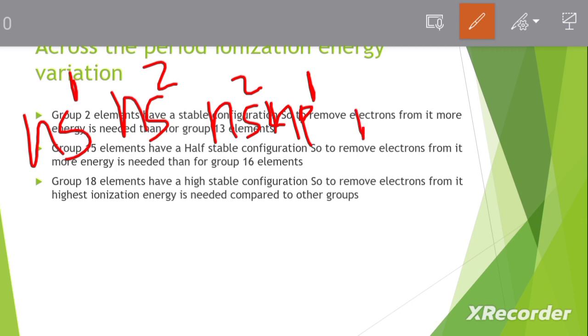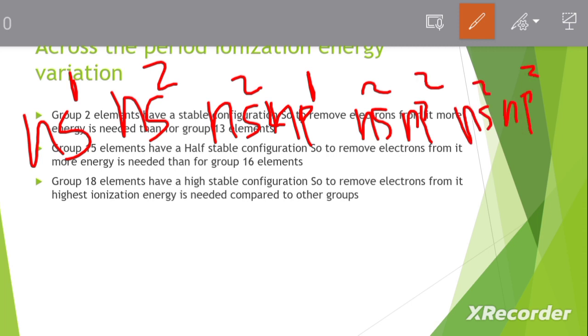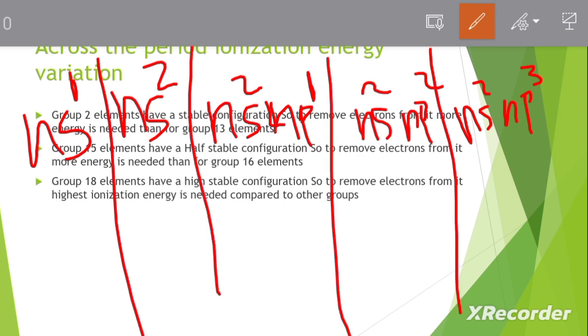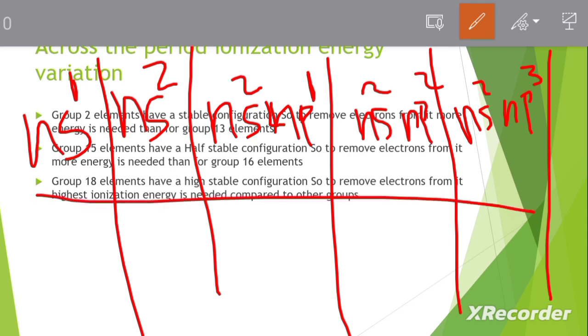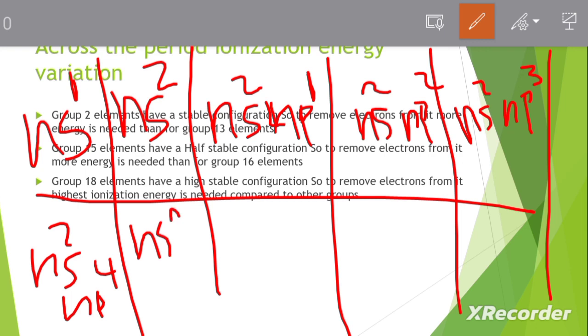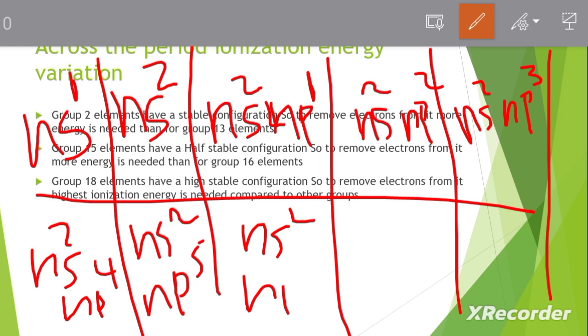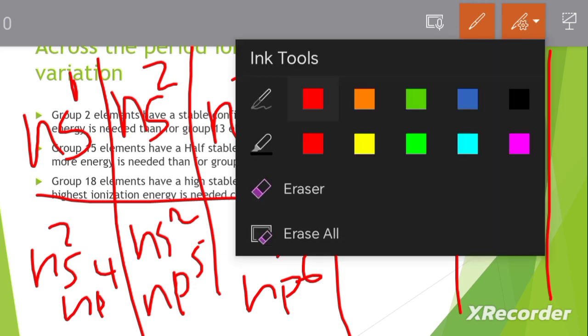Likewise, ns2 np2, ns2 np3, ns2 np4, ns2 np5, ns2 np6, right? So these are the common configurations.